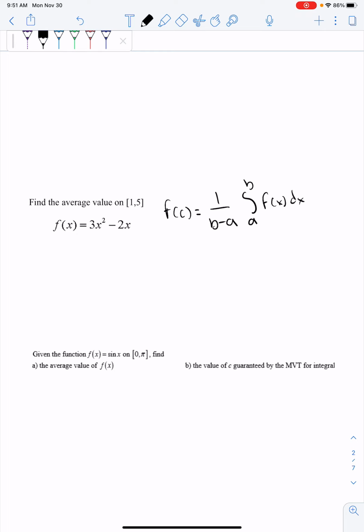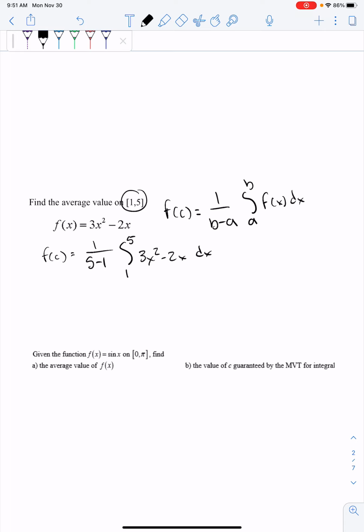So when I plug this in, f of c is going to equal 1 over b minus a. Here's my b and here's my a, so that's 5 minus 1, multiplied by the integral from 1 to 5 of 3x squared minus 2x dx.